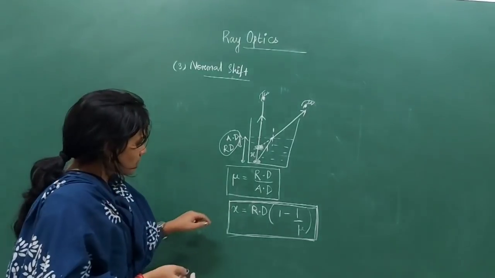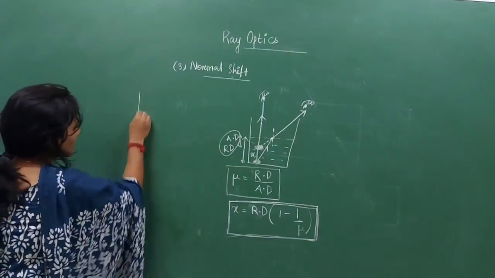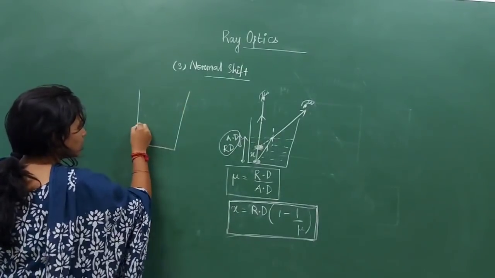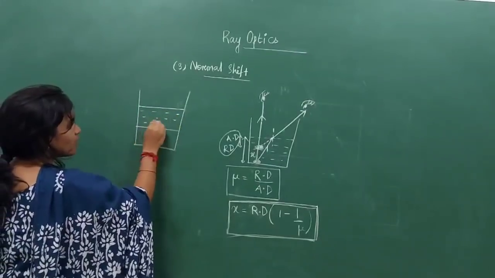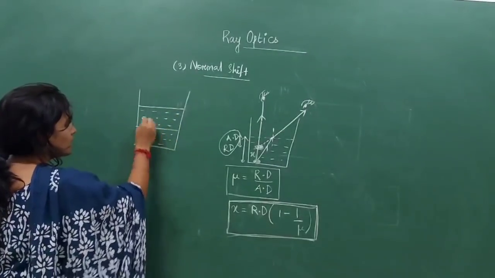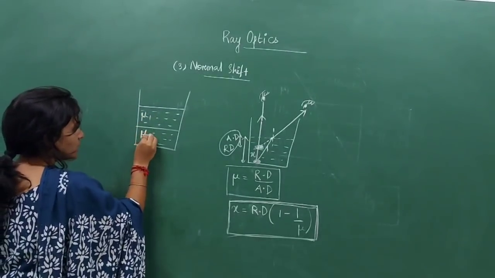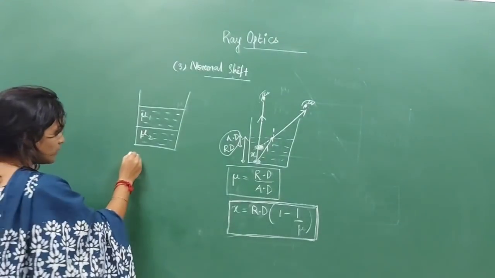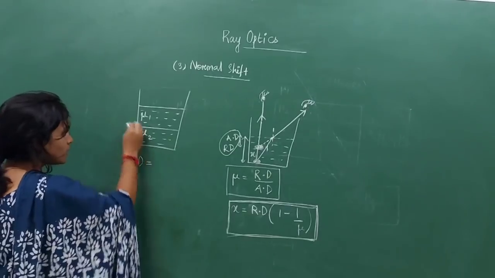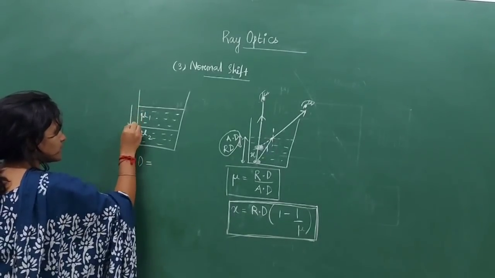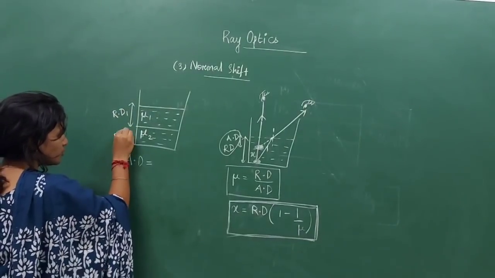Now, for multiple liquids, if you have a container with immiscible liquids, which cannot mix with each other, and the first liquid has a refractive index of mu1 and the second liquid has a refractive index of mu2, then the apparent depth formula changes. This is real depth 1 and this is real depth 2.